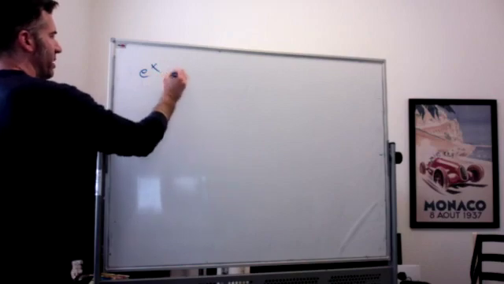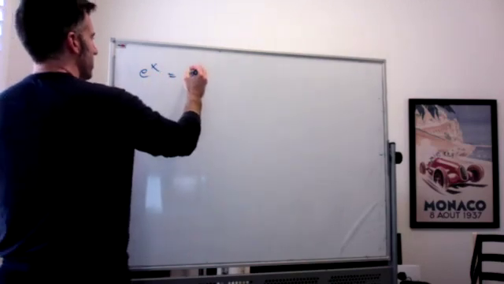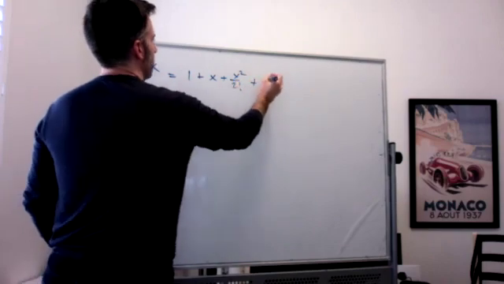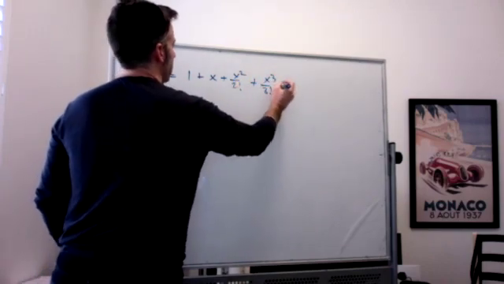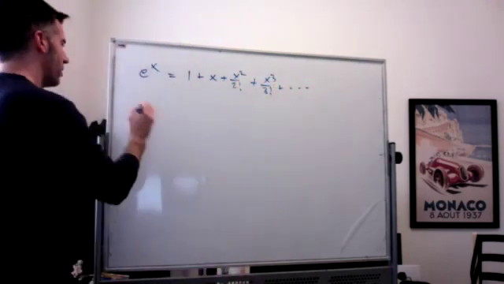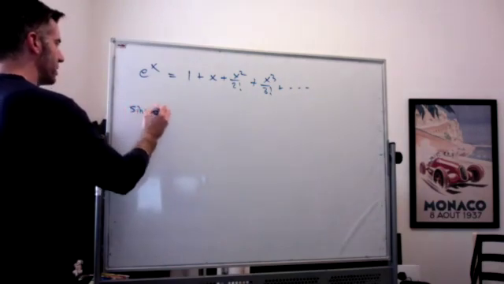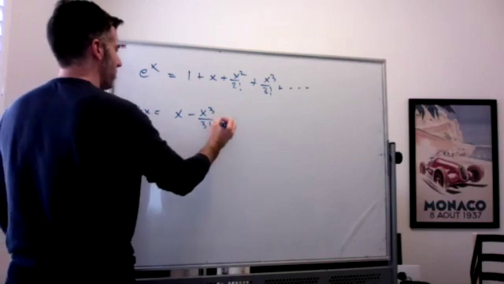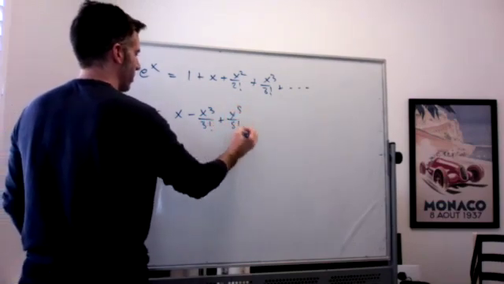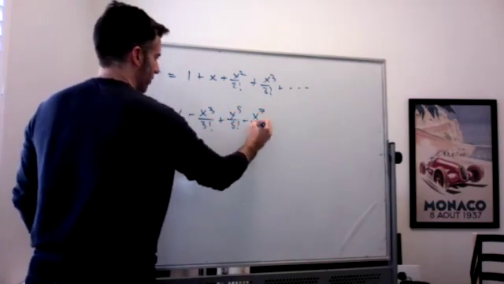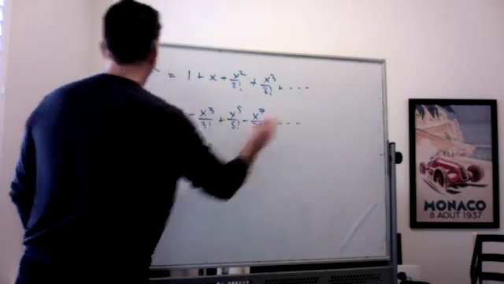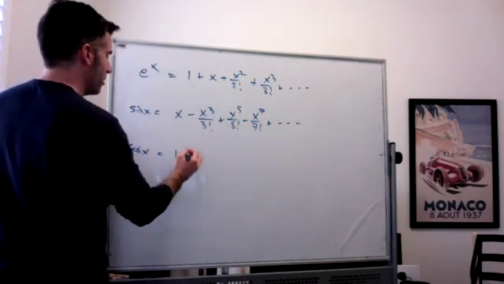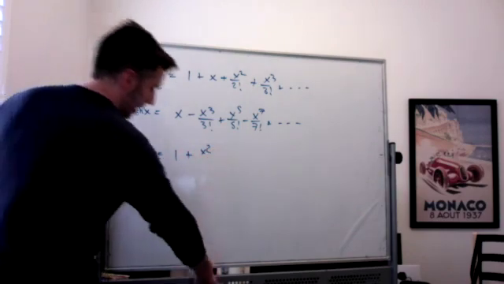So e to the x, if you write it out a long way, is 1 plus x plus x squared over 2 factorial plus x cubed over 3 factorial, and so on. Sine of x is x minus x cubed over 3 factorial plus x to the 5th over 5 factorial, and so on. And cosine of x is the even powers, so 1 minus x squared over 2 factorial, and so on.